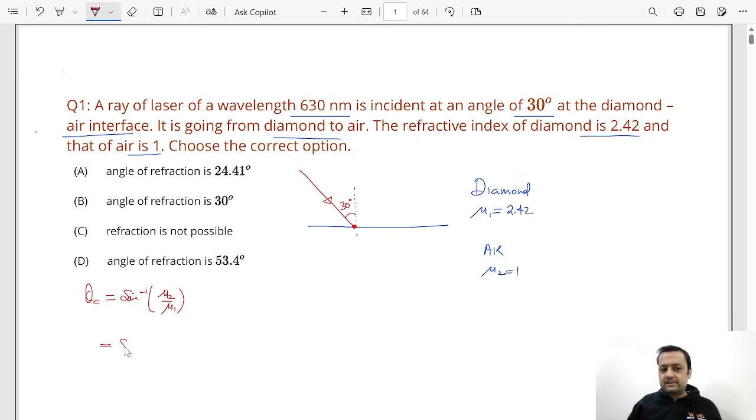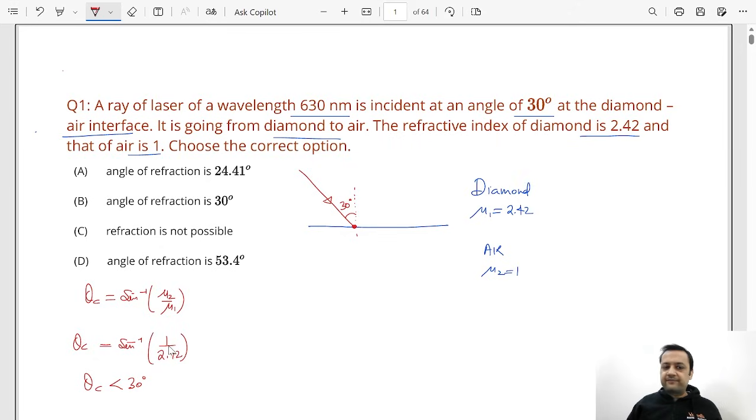That means sine inverse of 1 upon 2.42. You can see that this value is less than half. Okay, 1 upon 2.42 is less than half. That means theta critical is less than 30 degree, because we know that sine 30 is half.